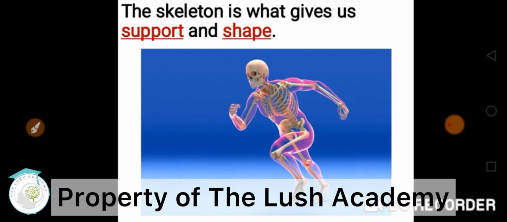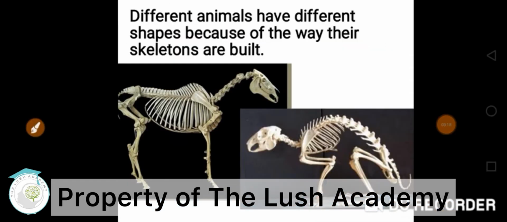Okay, so they also give us shape. You can see that this is a human being because of the shape of the skeleton, the shape of the bones. So skeletons give us support and shape. And different animals have different shapes because of the way their skeletons are built.